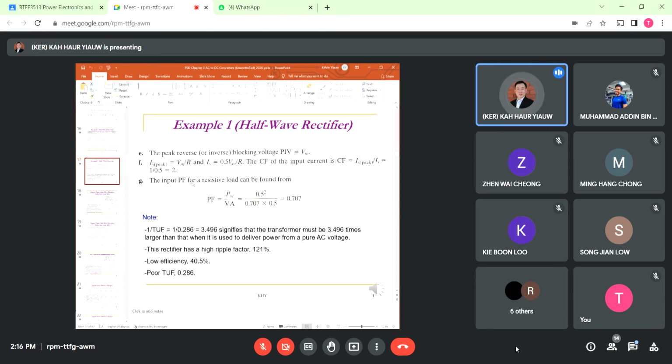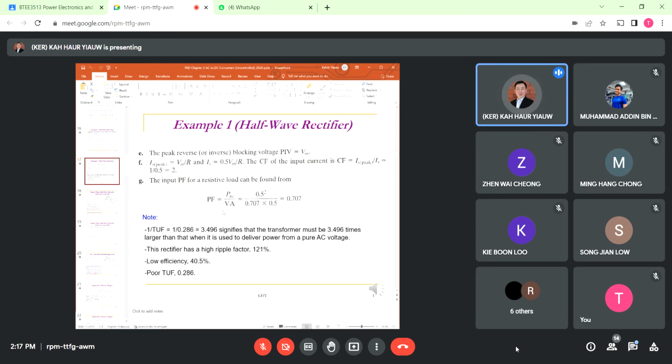Then the input power factor. Because it is a resistive load, we have the formula which is equal to your output RMS value or PAC over the watt ampere rating. Just now the TUF is PDC over watt ampere rating, but power factor is your PAC over VA. Slightly different.